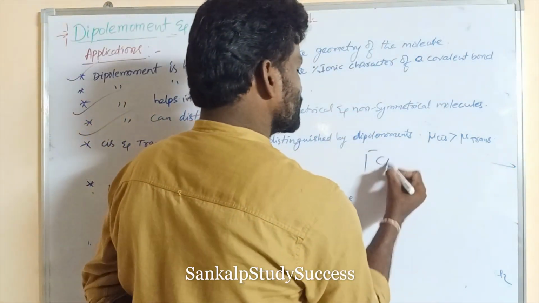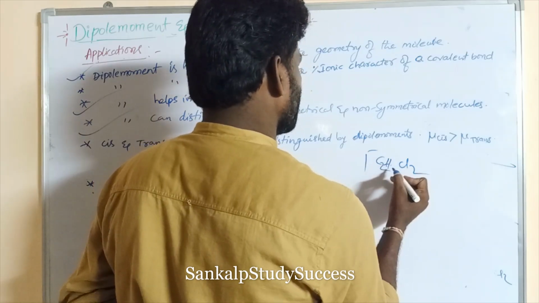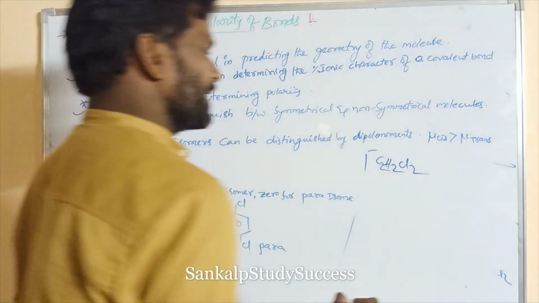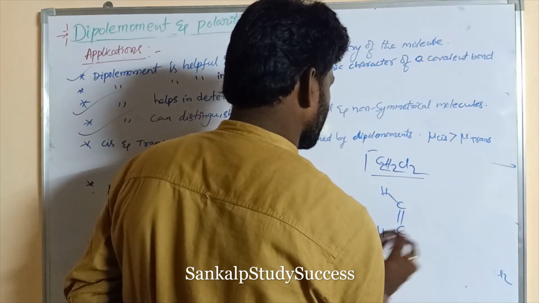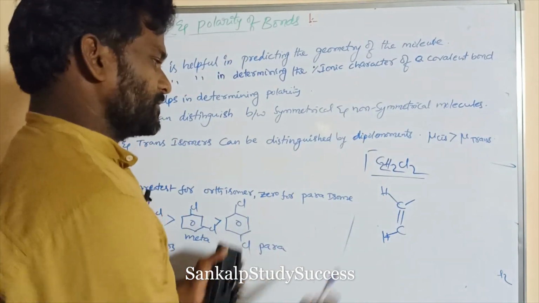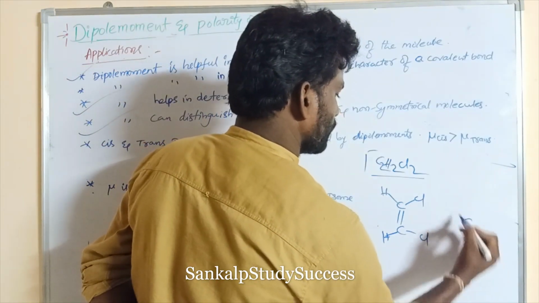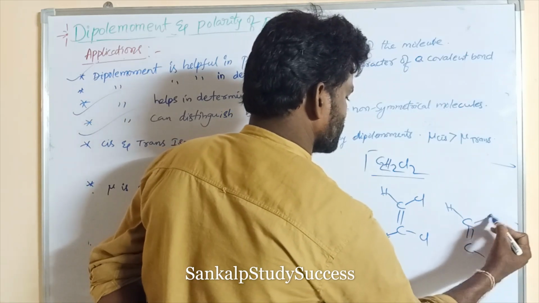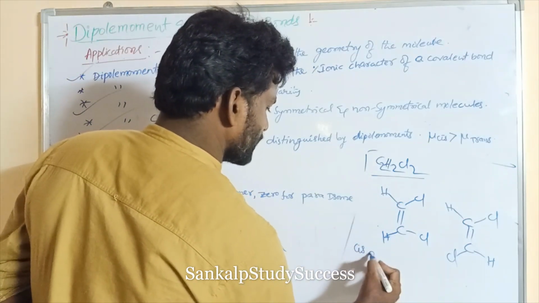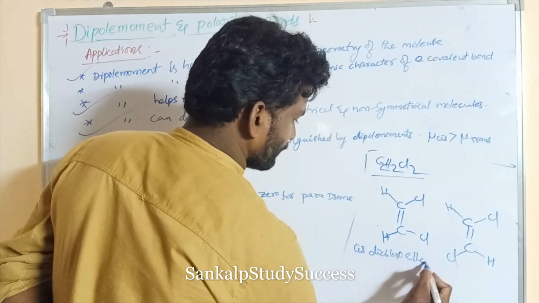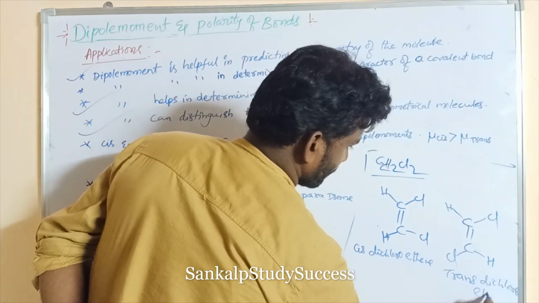Suppose we take C2H2Cl2, dichloroethene, for example, with a C double bond C, with H and Cl attached. So this is cis dichloroethene, and this is trans dichloroethene.